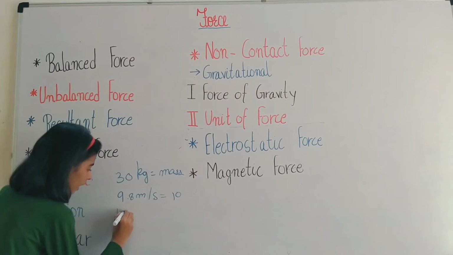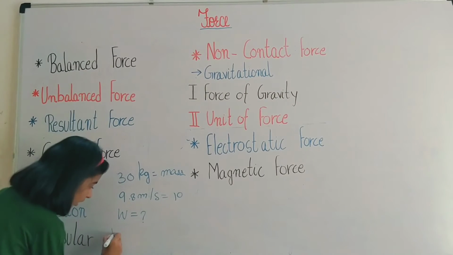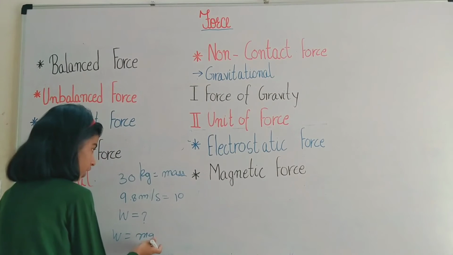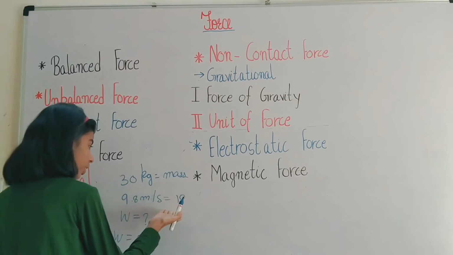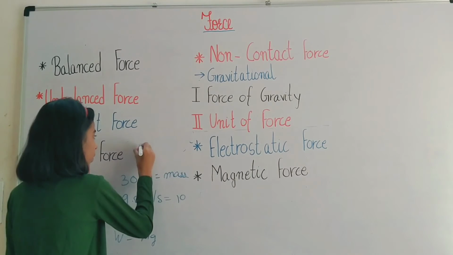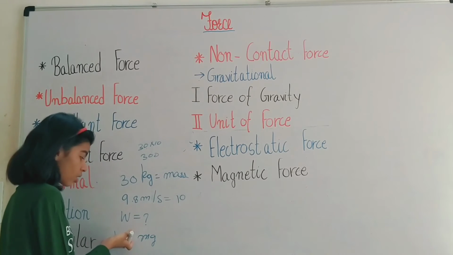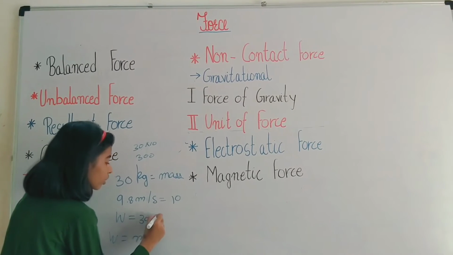We have to find the weight of the object. As we know, weight is equal to mg, which is mass into gravitational acceleration. So mass is 30 kg and the acceleration due to gravity is 10. So 30 into 10 is 300. So the weight of the object will be 300 Newton.